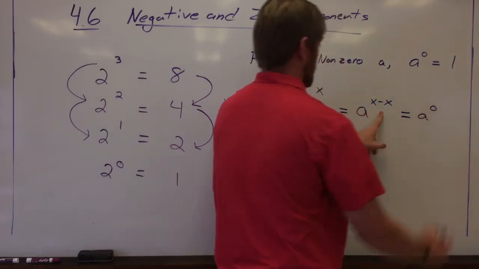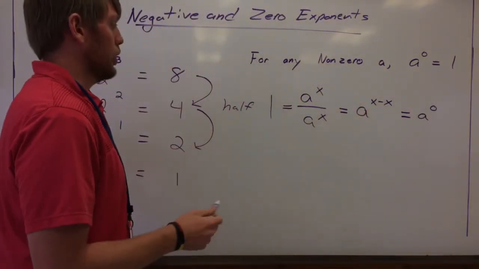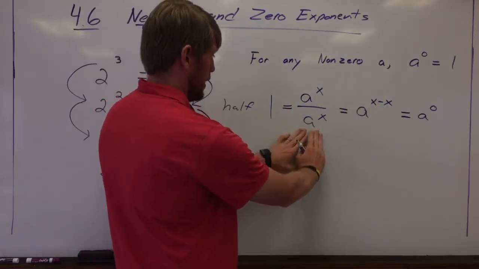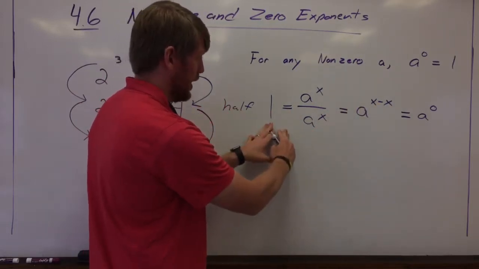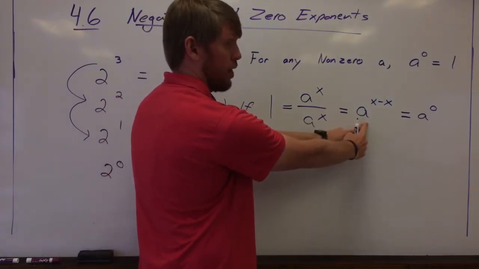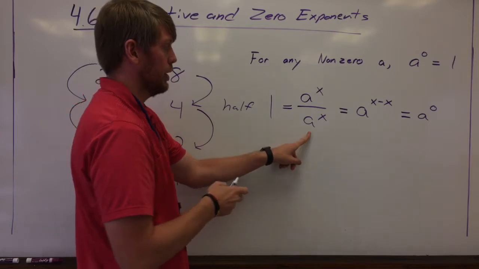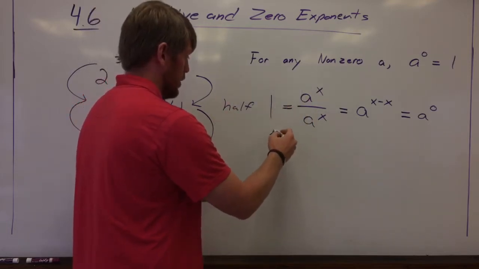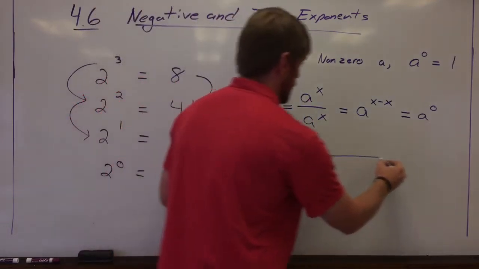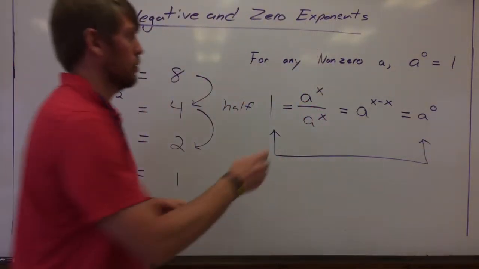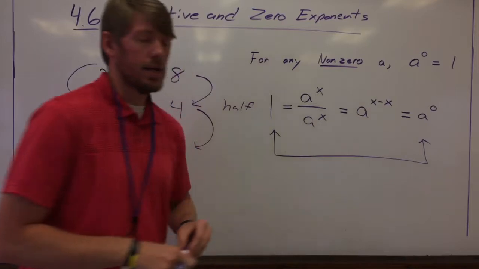So a to the 0 power. So we can see that this equals 1, and we know from 4.5 that this is how you evaluate a to the x over a to the x. Therefore, 1 would be equal to a to the 0, as long as a is non-zero.